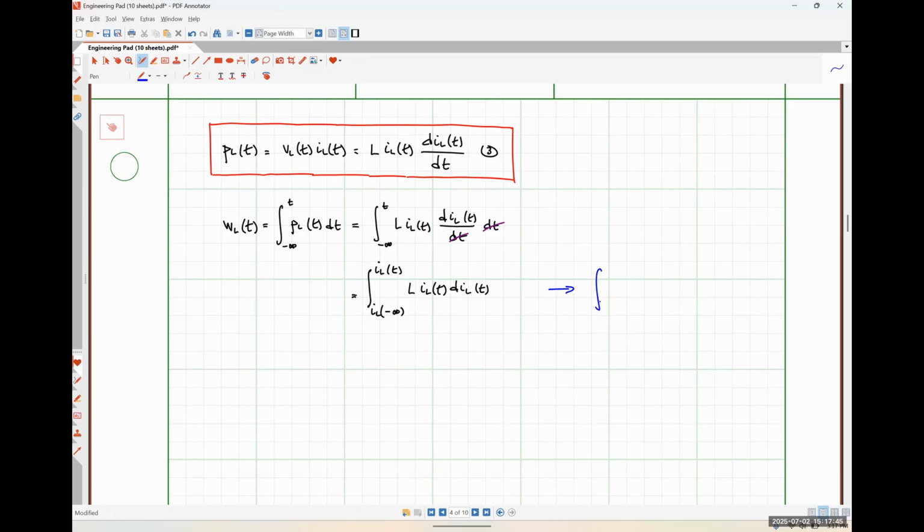We'll sort that out in a second. I have some constant, L, and IL of t is my variable. Well, I can take that L and move it outside the integral. So I would have L times the integral of x dx. Well, the integral of x dx is just x squared over 2.